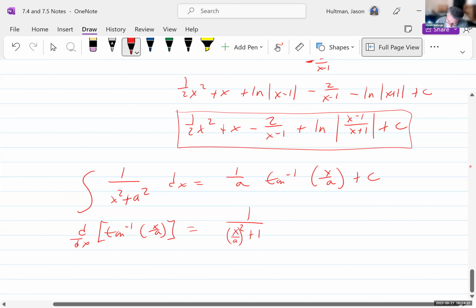But then I have to take the derivative of the inside, x over a, so that becomes times 1 over a. So that's chain rule, right?